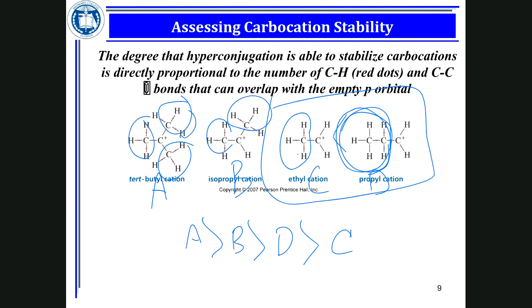Okay, so as long as we understand, because we are dealing with the stability of intermediate in this chapter. The more stable the intermediate, the major product, because often we get two products and we need to decide which one is the major product, which one is the minor product.